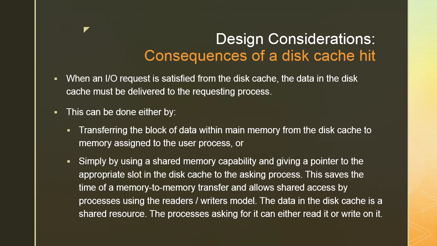This saves the time of a memory to memory transfer and allows shared access by processes using the readers/writers model. The data in the disk cache is a shared resource. The processes asking for it can either read it or write on it.